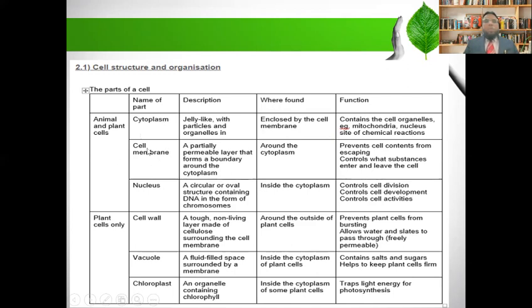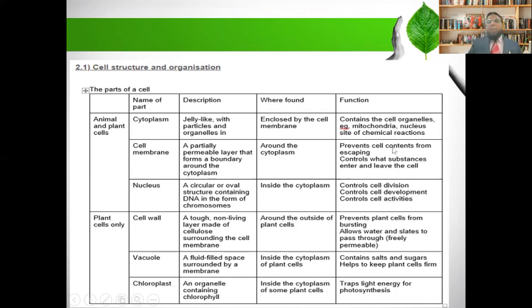Now the second one is the cell membrane. What is the cell membrane? The cell membrane is a partially permeable membrane that forms a boundary around the cytoplasm. This cell membrane is the structure which is found in all types of cells, either a plant cell or animal cell, bacterial cell, or the cell of fungi or protista. So the cell membrane is found in all cells. And what is its function?